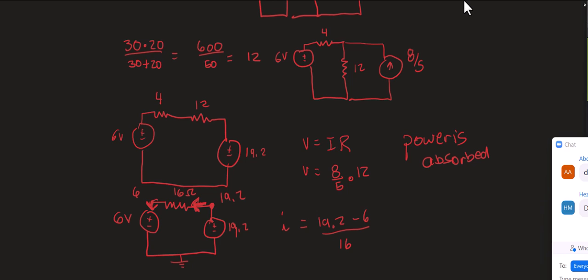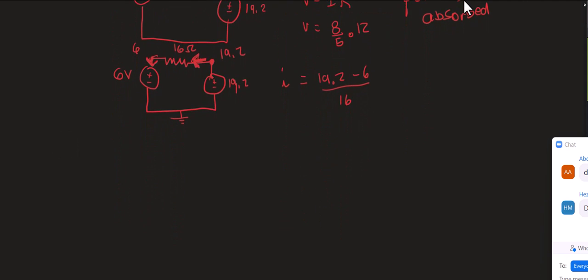Can you go over that last part again, when you got I and then how you solved the power? Okay, sure. So this was, the voltage here is 19.2. The voltage here is 6.